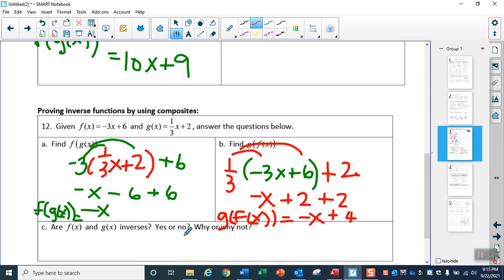So are they the same? No. If it's the inverse, you would always get a positive x. So they are not. To be inverses, you have to have f of g of x equal to g of f of x, which equals x.